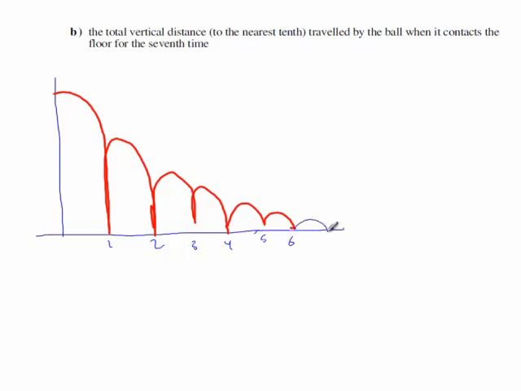And then we'll add in one more for the 7th time it hits the ground. I've labeled this as T1, T2, T3, T4, T5, and T6.